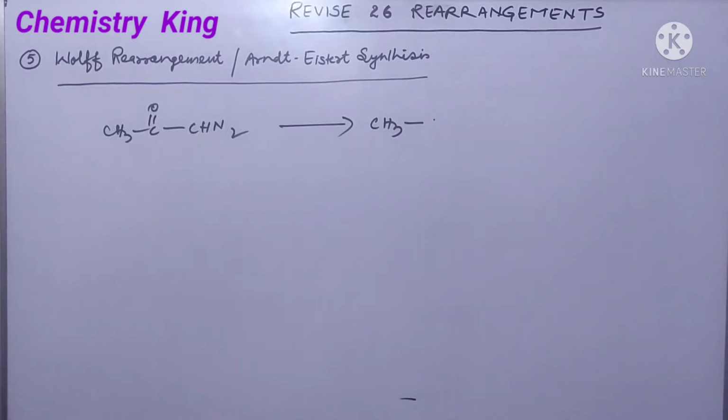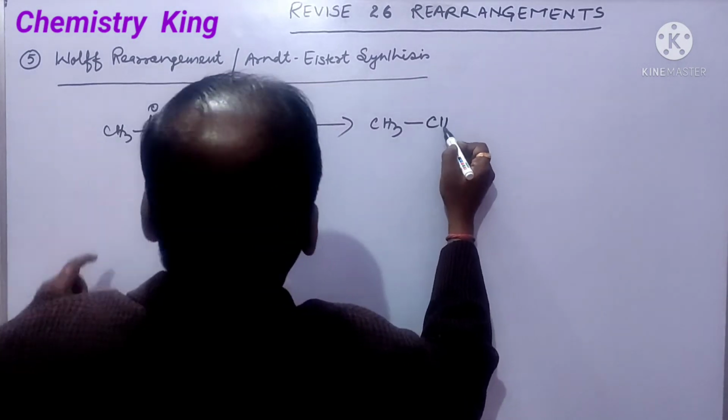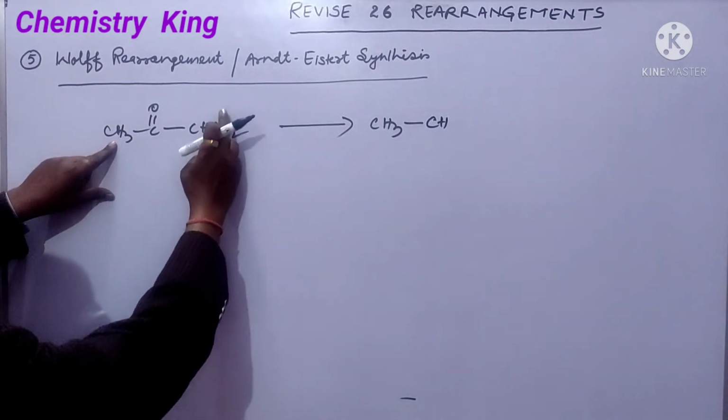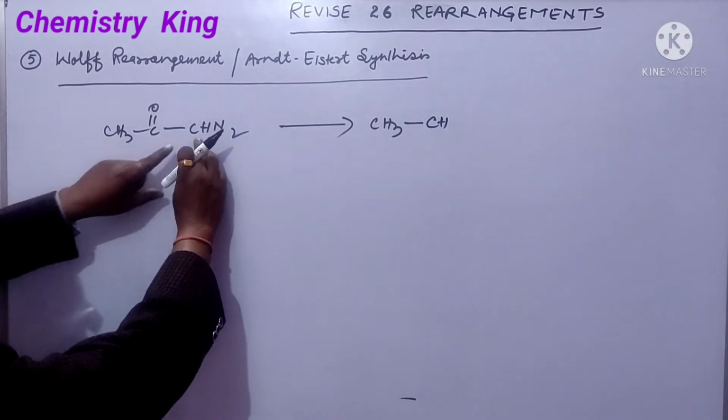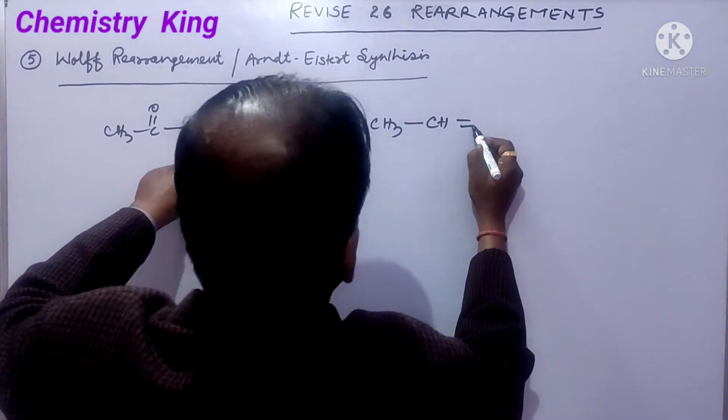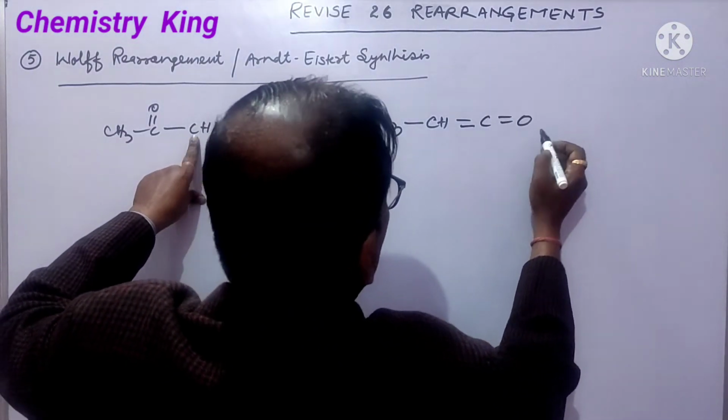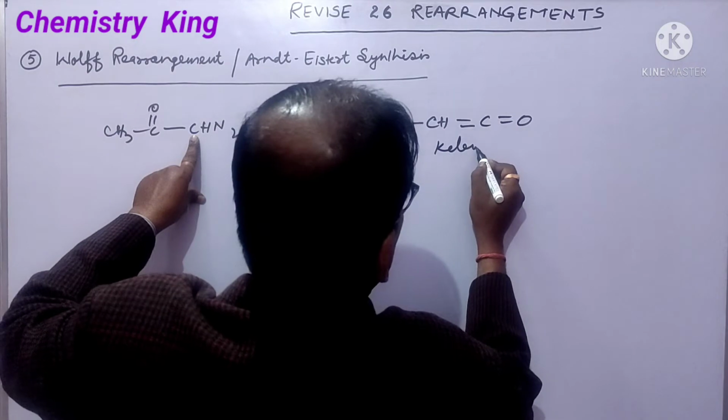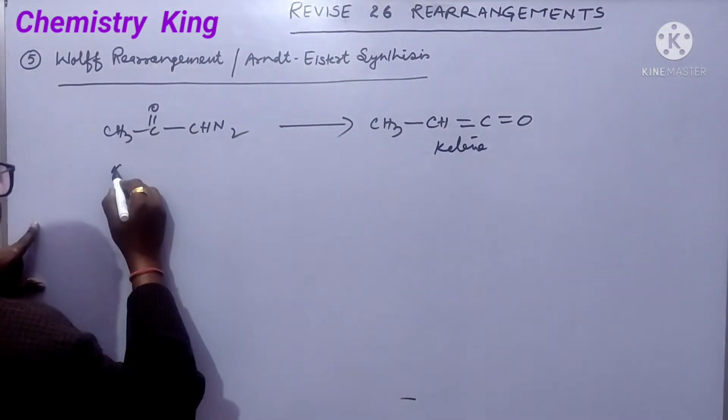Actually this CH3 will come here. N2 is eliminated. This CH3 will come here. CH3 CH double bond C double bond O. It is ketene.